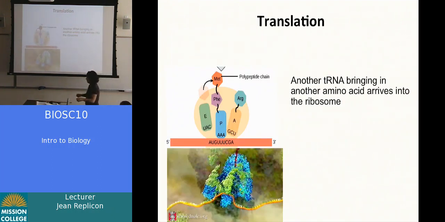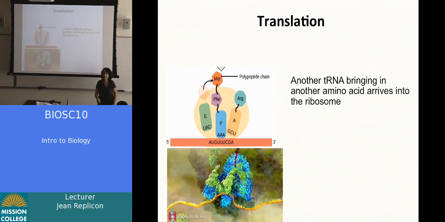And then there's a third spot that says CGA in this particular example, and so we've got a tRNA with the code GCU that would be complementary. If you look up CGA on the table, you'd find it's arginine. So that'll come into place.